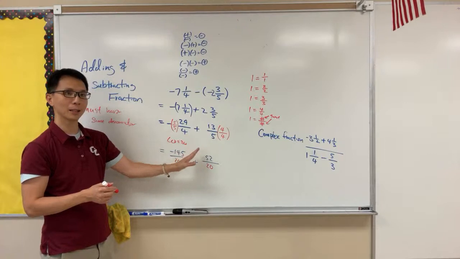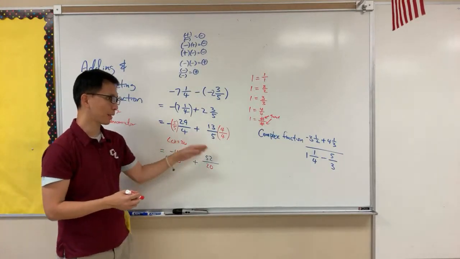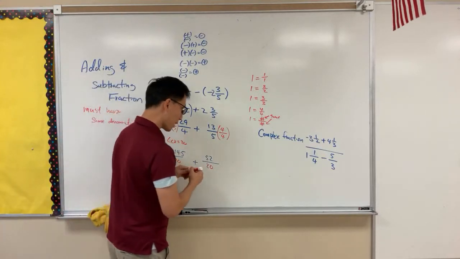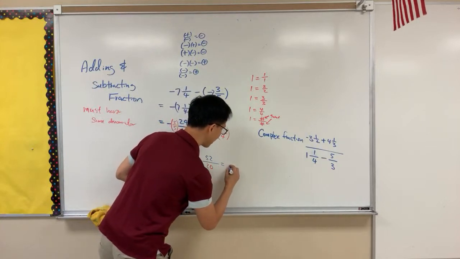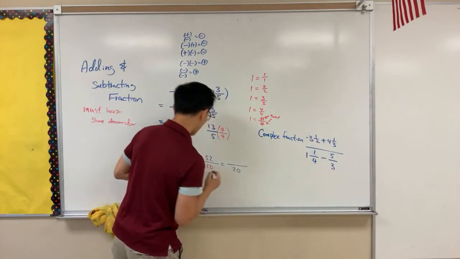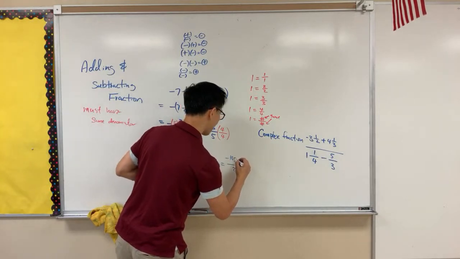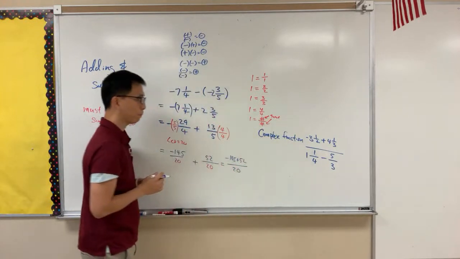Now I add the tops, not multiply the tops, and keep the bottom the same. The bottom is not going to change, so I get 20 here, and the top is going to be negative 145 plus 52.